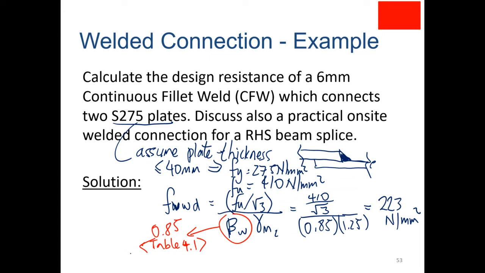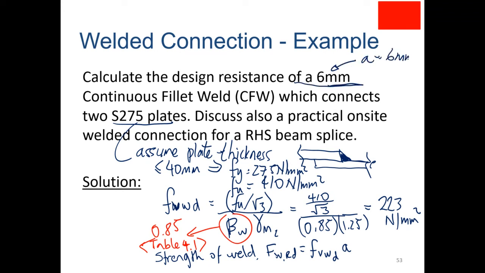Okay, and then the strength of the weld. So the force F_w,Rd is going to be equal to the design shear strength of the weld times A, and in this example we have a 6 millimeter continuous fillet weld, so A is equal to 6 millimeters divided by √2.